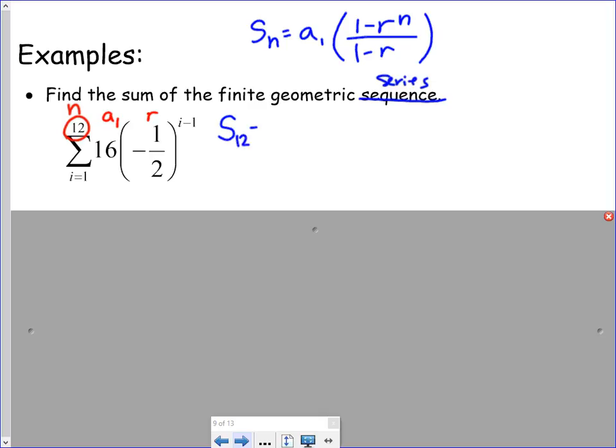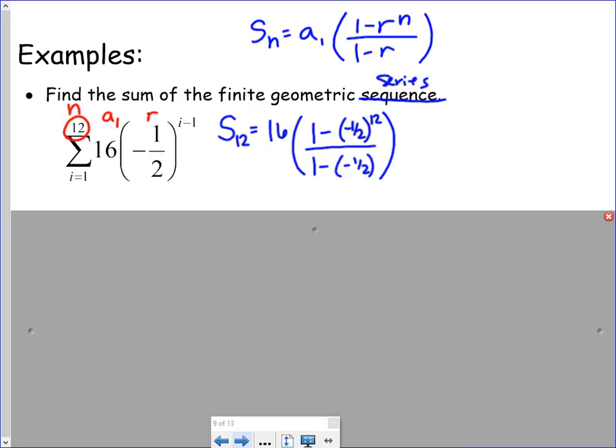The sum of the first 12 terms in this geometric series is equal to 16 times 1 minus, and I'm going to use parentheses for my negative 1/2, raised to the 12th, and then divide by 1 minus negative 1/2, in my larger group of parentheses.